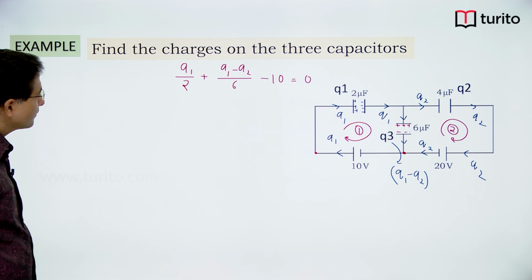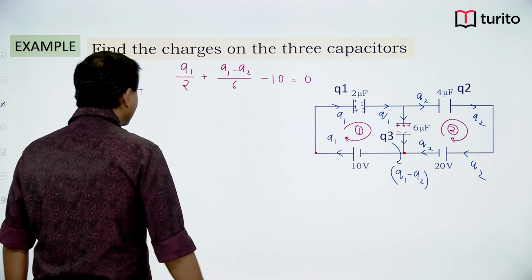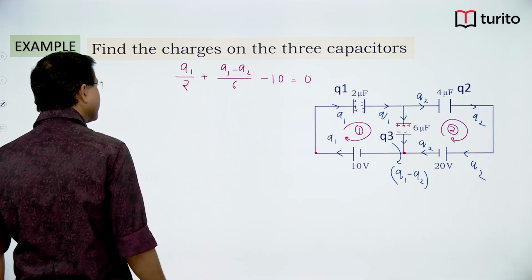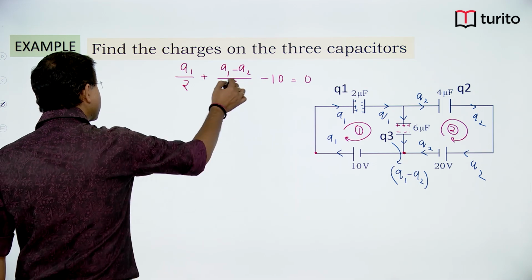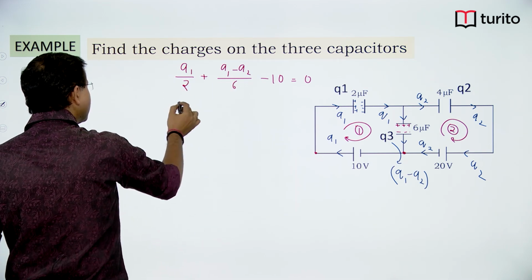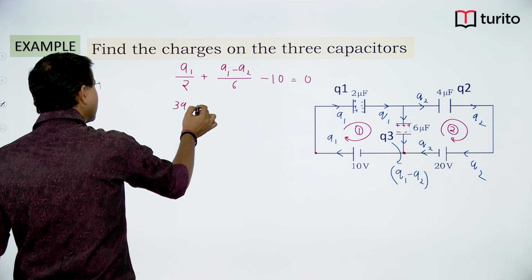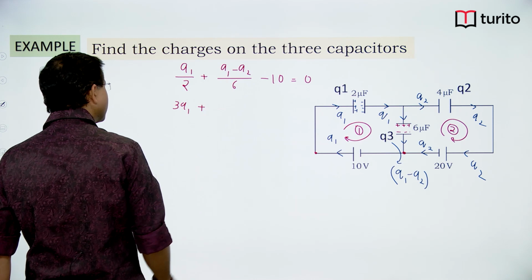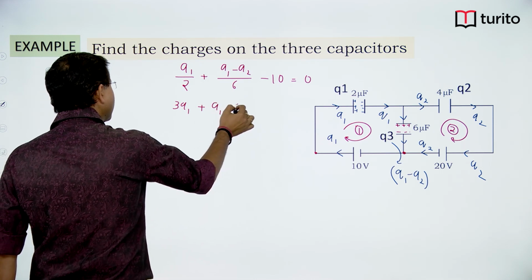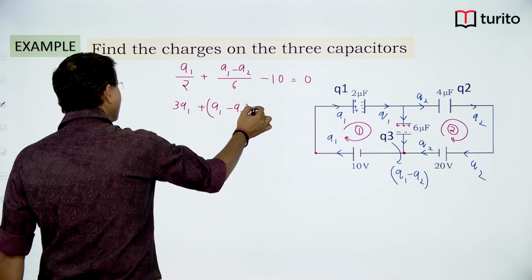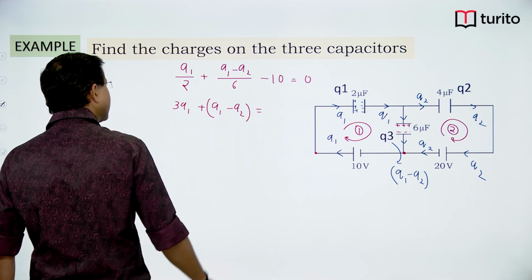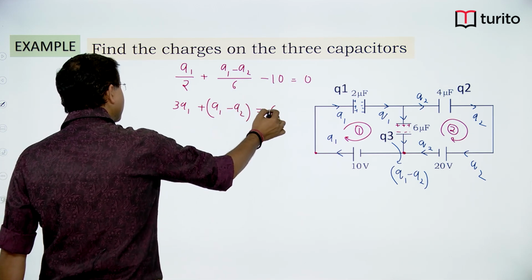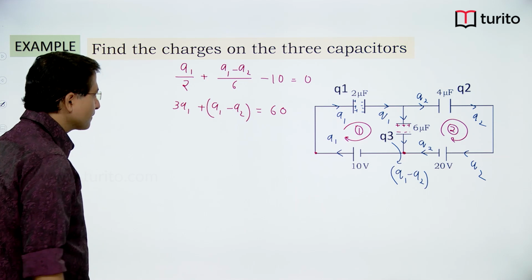Now we can simplify. If I multiply the whole equation by 6, then here I will get 3q1 plus q1 minus q2 is equal to, get 10 on the other side, and as we have multiplied by 6, it will become 60, right.